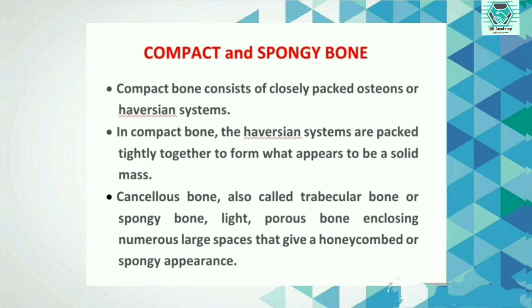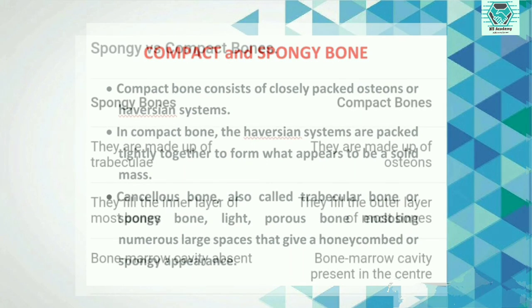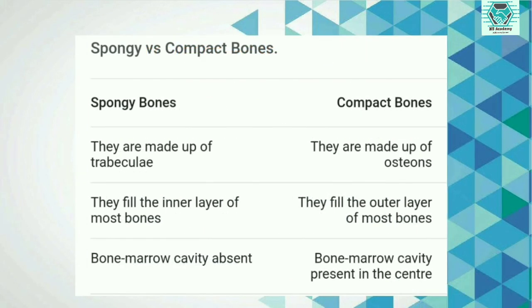Now we see the structure of these compact and spongy bones. The compact bone. The outer layer of all bones and the shaft of the long bones are entirely compact in nature.